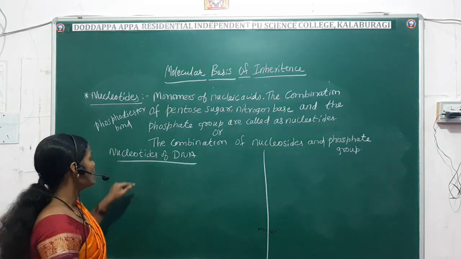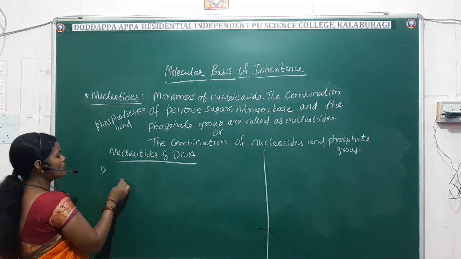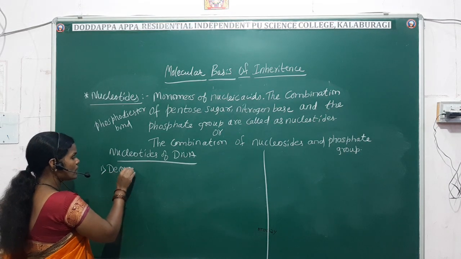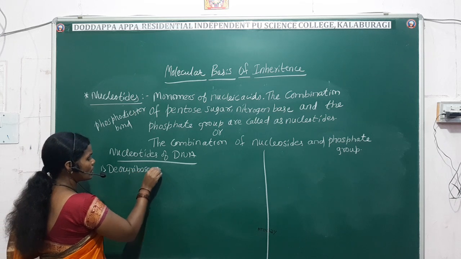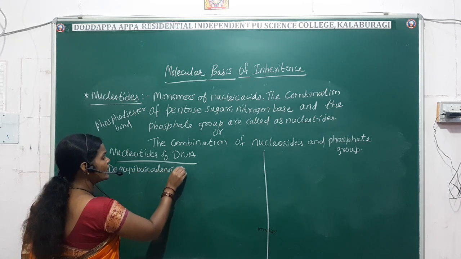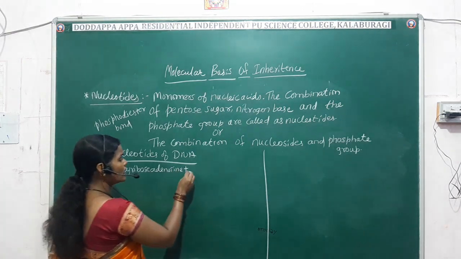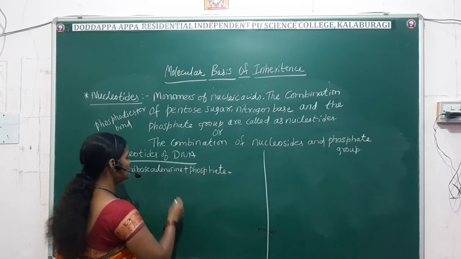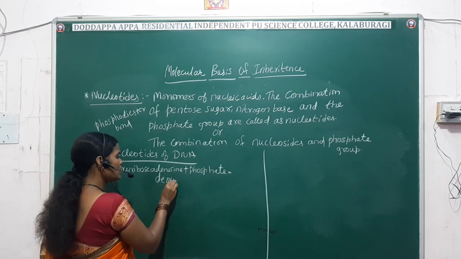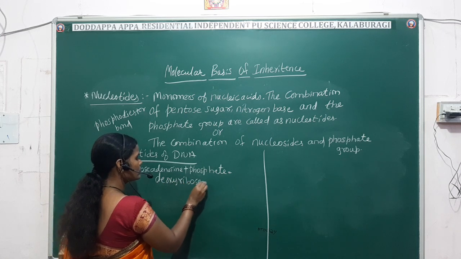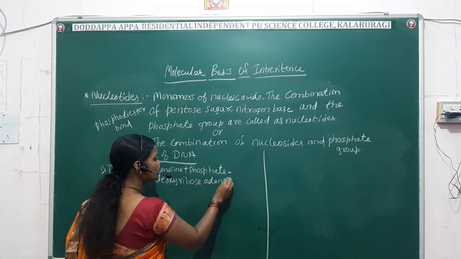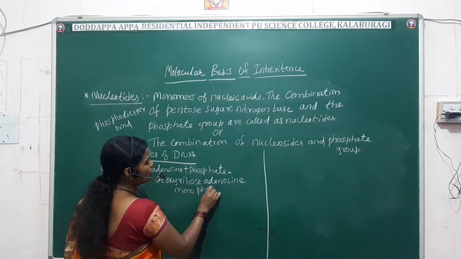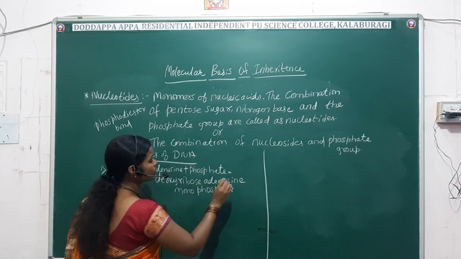Now see here, the first example, nucleotides of DNA: deoxyribose adenosine plus phosphate is equal to deoxyribose adenosine monophosphate. This is one example.